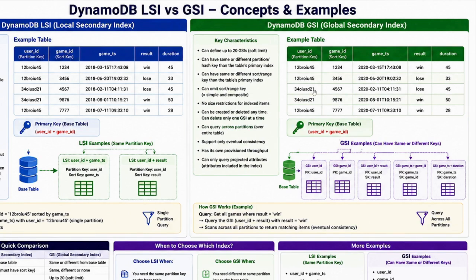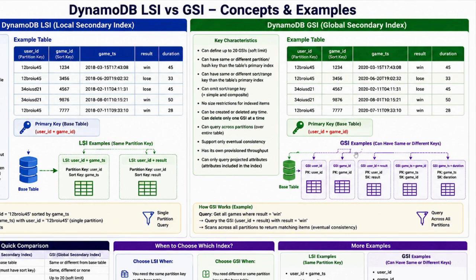That's the idea. So there you will use a global secondary index. So it can be different. It can have a different partition key, different sort key, or it can have same partition key. That is also okay.